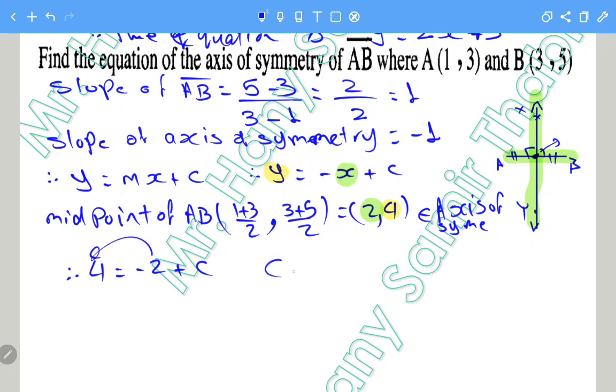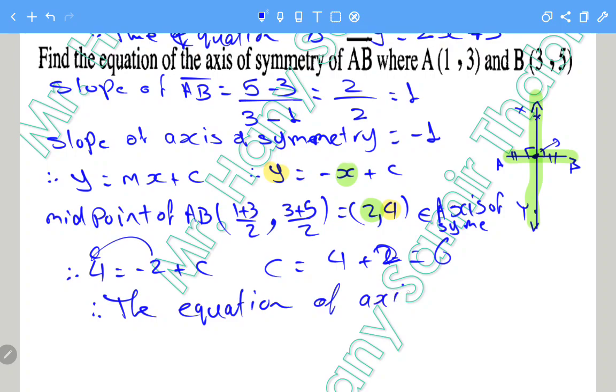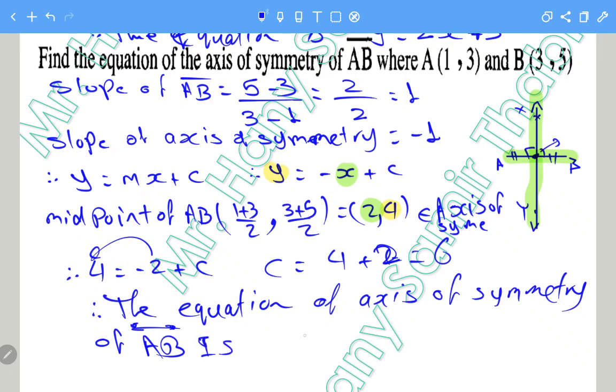Get rid of negative 2. c equals 4 plus 2, sorry, plus 2 directly equals 6. Then the equation of the axis of symmetry of line segment AB is y equals negative x plus 6.